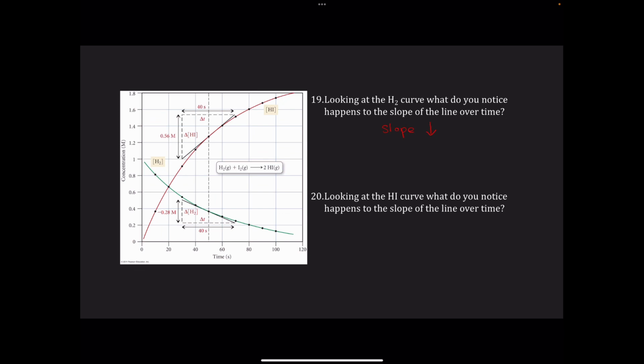But at the same time, we've got our hydrogen iodide. Looking at its beginning, again, we've got a fairly steep slope there. Over time, it starts to curve a little bit more. It starts to move towards being a little bit more flat. So again, we're seeing that slope decreases over time.